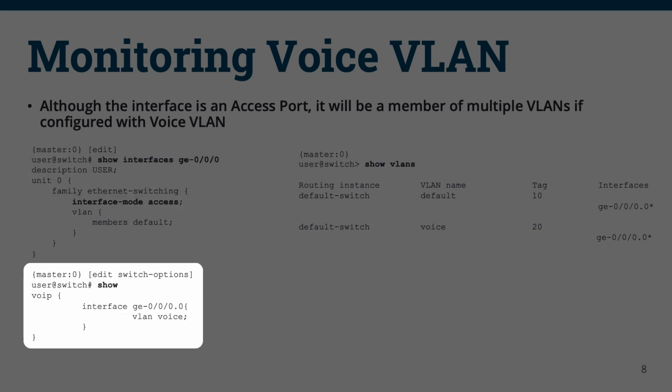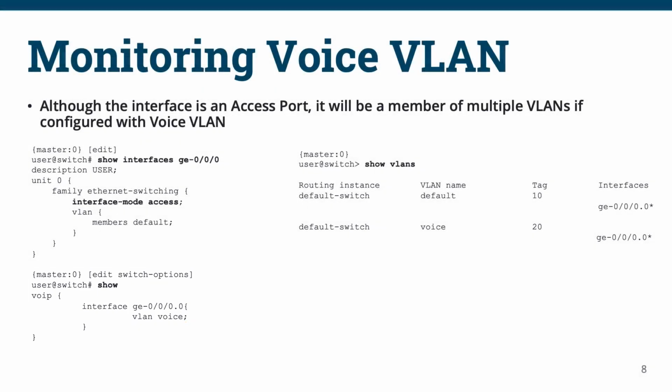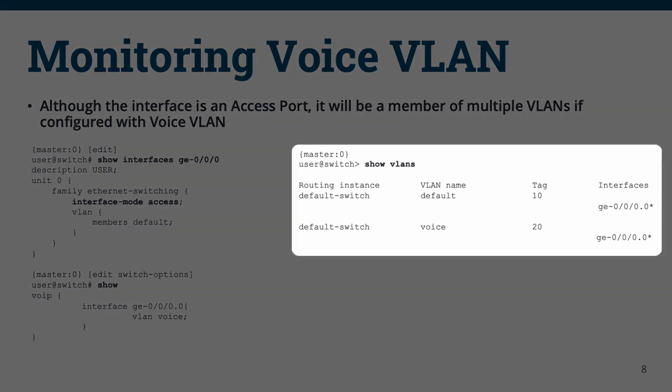Additionally, down here, we see that ge-0/0/0 is configured specifically to participate in voice VLAN, with the VLAN named voice designated as the voice VLAN. When we review the output of show vlans, we see that the interface is indeed showing as a member of multiple VLANs, even though it is configured as an access port.